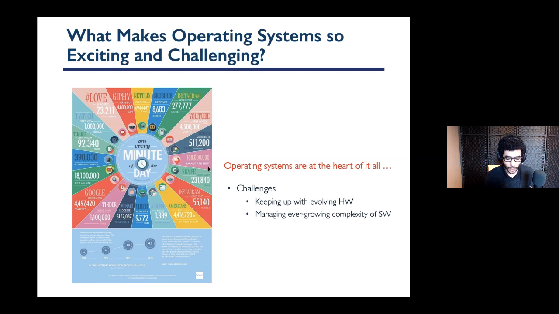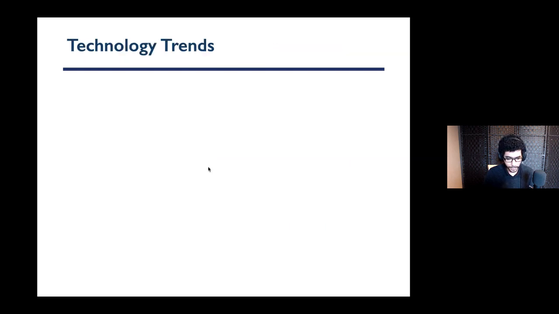They're actually getting more complex. And we have to keep up with both of them. If you remember that picture I showed you, we're in the middle. On top of us are applications, and the bottom is hardware. Both of them are evolving, and we want to keep up with both. That is a little bit challenging. So we're going to see now a bunch of trends in both hardware and software to appreciate this fact better.